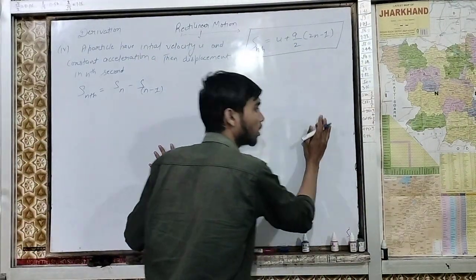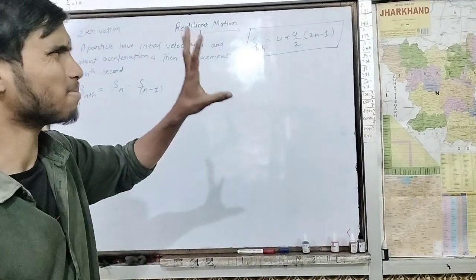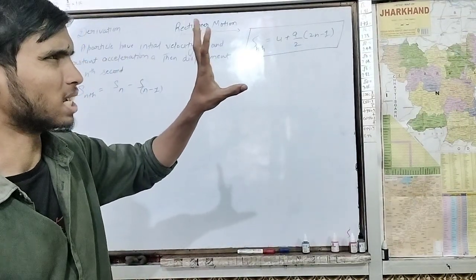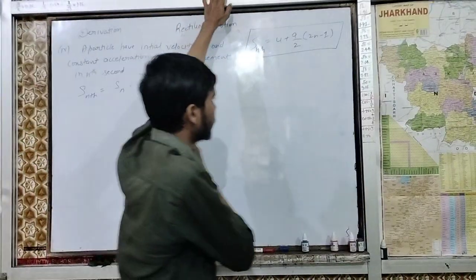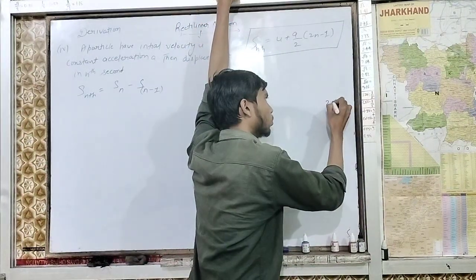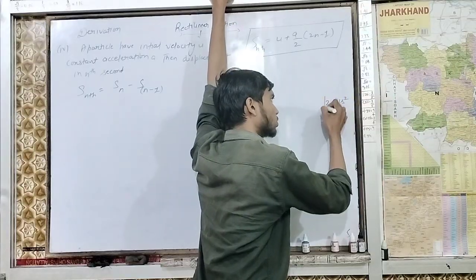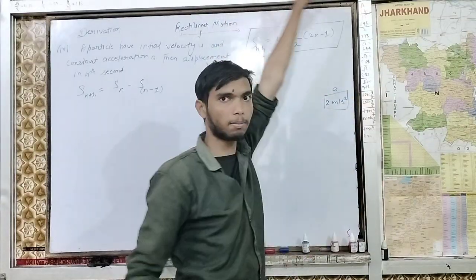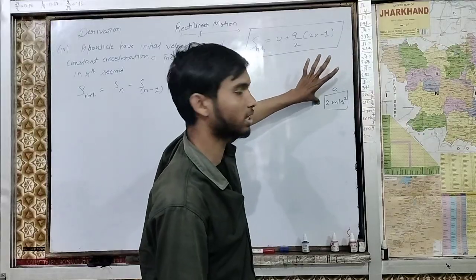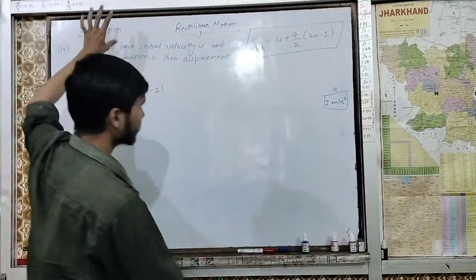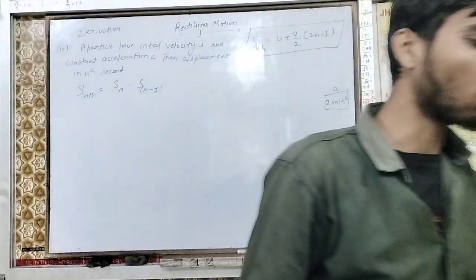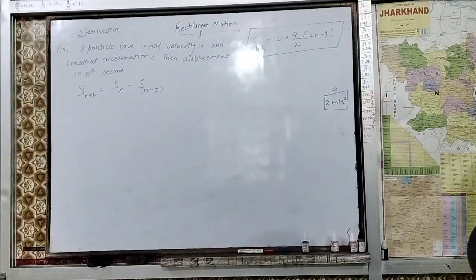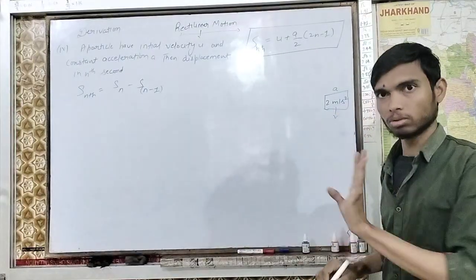Let's suppose there is an object which is moving with an acceleration of 2 meters per second squared, and it is constant. It means during the journey, acceleration will be the same, 2.